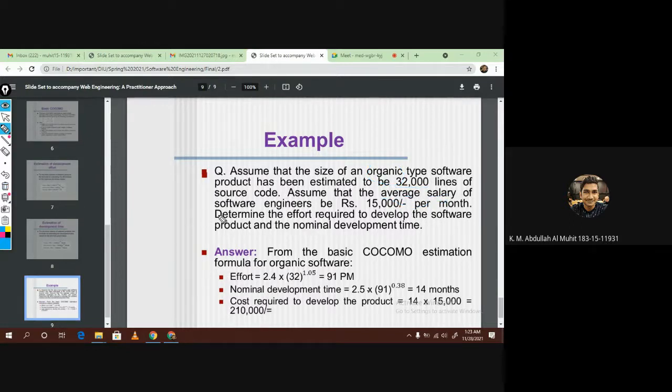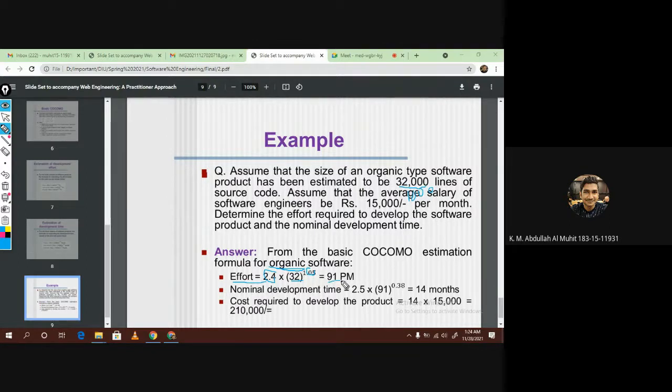Now we have to determine the effort required to develop the software product and the nominal development time. From the basic COCOMO estimation formula for organic software, we know the effort formula. These are the constants A and B, and 32 KLOC, because we divided 32,000 by 1,000.